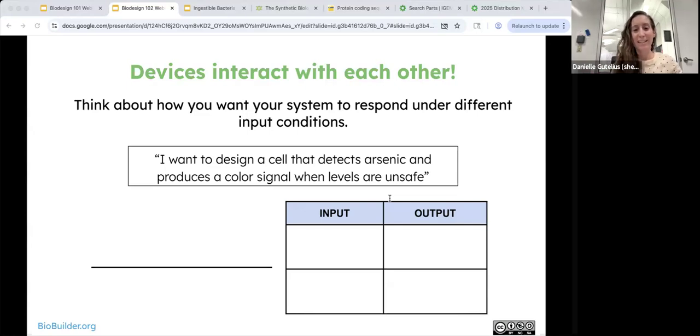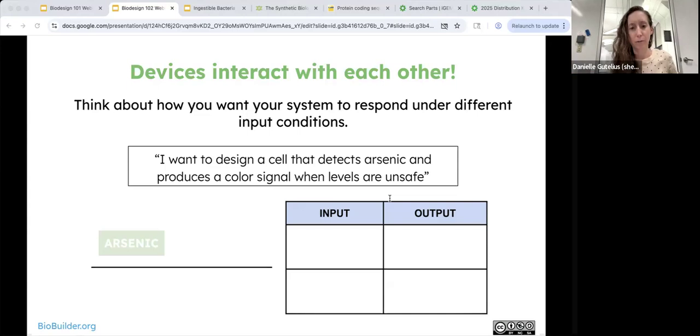So in this example, if arsenic levels are very, very low, below a certain threshold, or they're zero, would you expect your system to produce any color? This is where you can throw some stuff in the chat. This is a simple yes or no. So in this system that we're envisioning, if we take a sample of water and there's no arsenic, would we expect our system to produce a color?